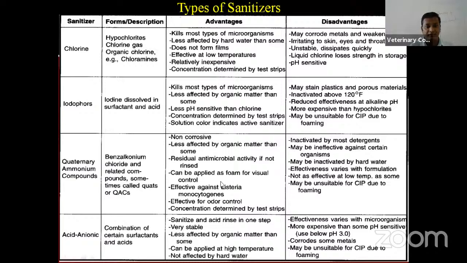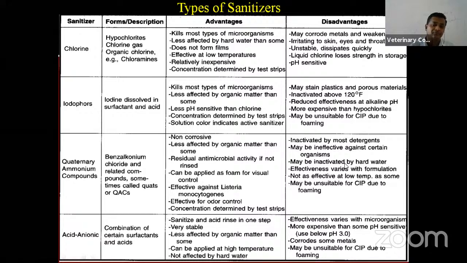The disadvantages of quaternary ammonium compounds include that they are inactivated by most detergents. Nobody adds detergents over the food surface, but if remnants of detergents are remaining when the sanitizers are applied, they become ineffective. They are also inactivated by hard water.